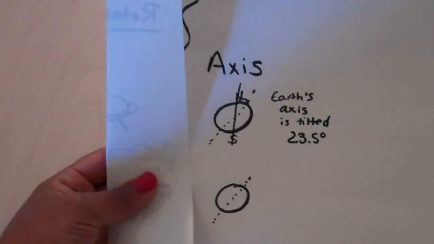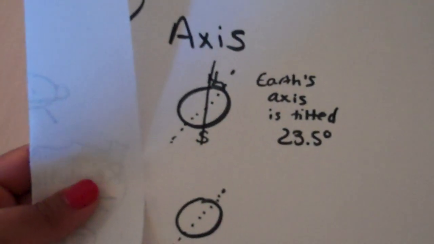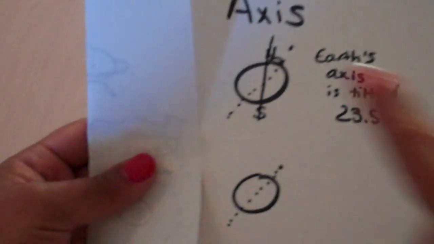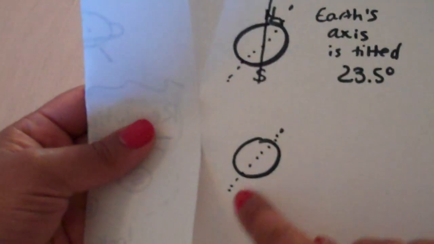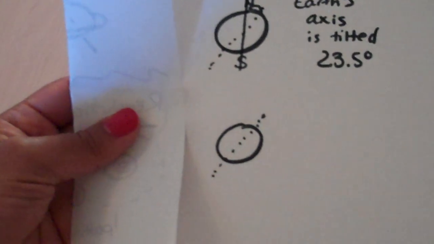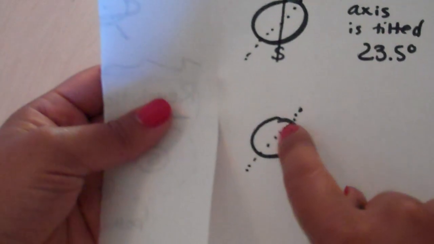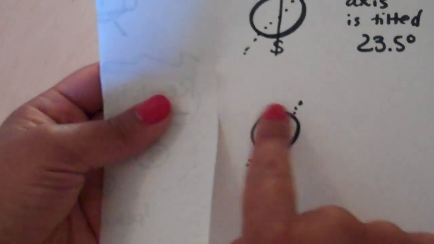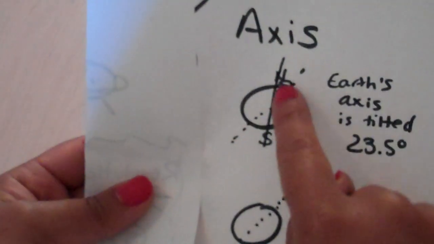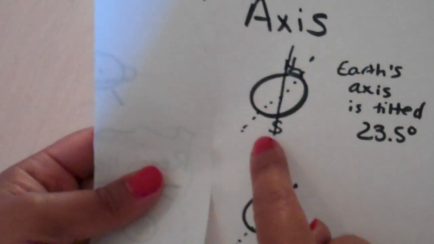Okay, so axis. Axis is an imaginary line that passes through the planet's center, its north and south pole. Here you can see I made this dotted line. This is supposed to be a planet, and this is an N for north, S for south.